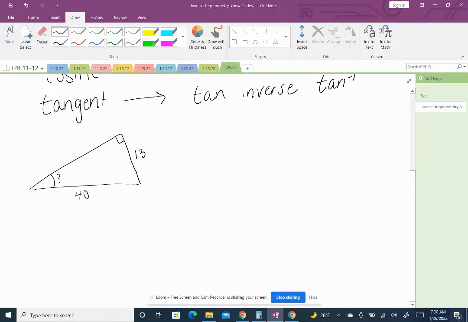So it's really important, once again, to figure out what's what based off of this angle right here. We're focusing on the measurement of this angle. So if we drew a line outward like that, that would be our opposite. So I can already know that my 13 is going to equal my opposite.